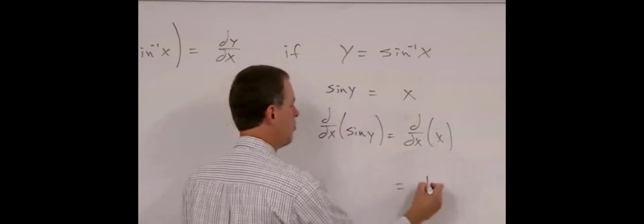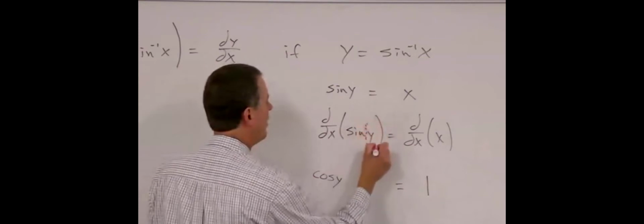Well, the right-hand side is easy. The derivative with respect to x of x is just 1. What about the left-hand side? With implicit differentiation, what do you have to do there? First of all, what's the derivative of sine of y? Cosine of y, that's right. But when you do implicit, you have to think of this y right here as a function of x.